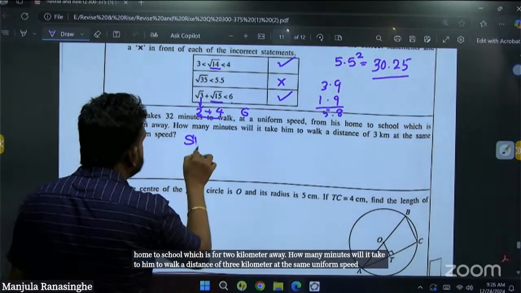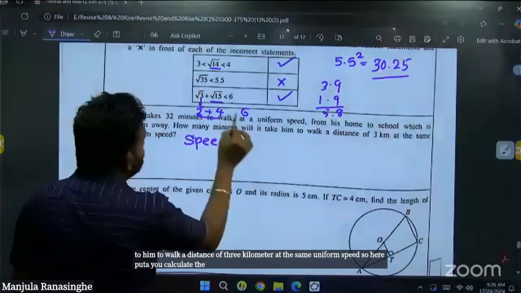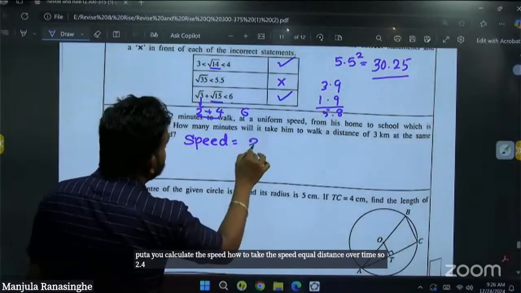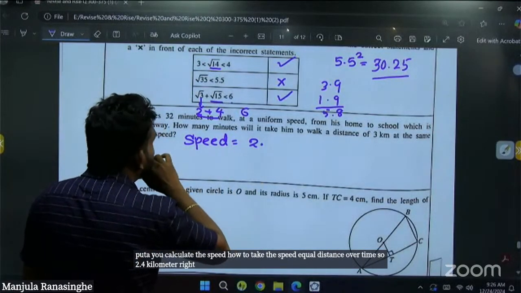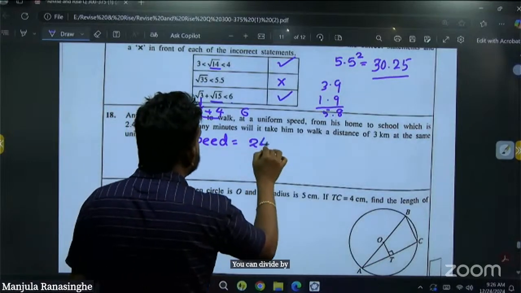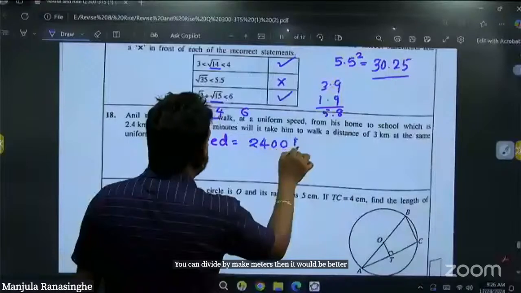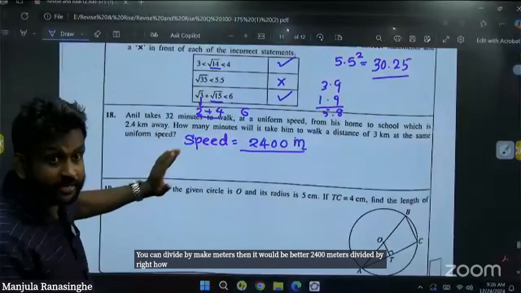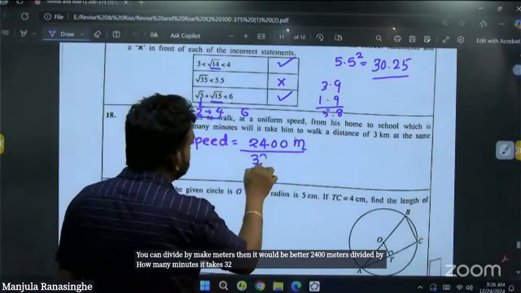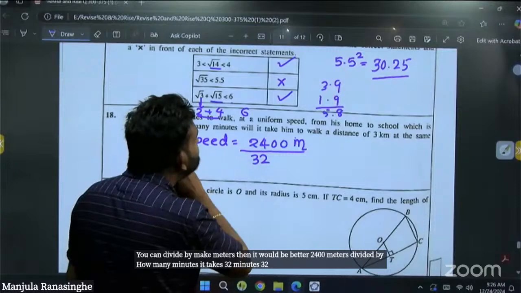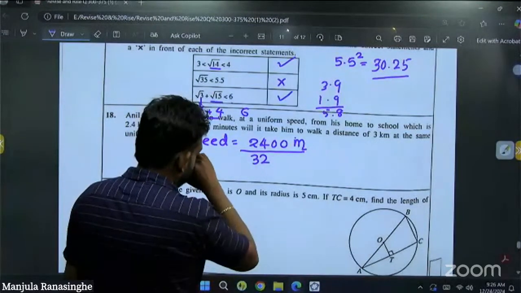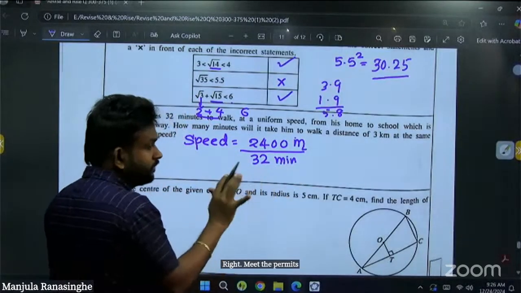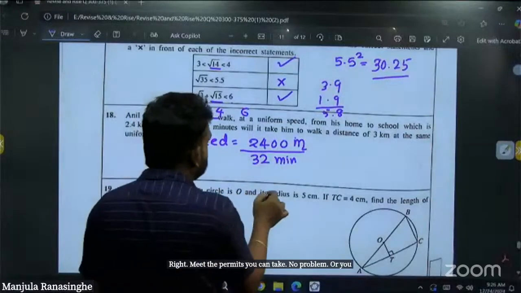So here, you calculate the speed: speed equals distance over time. 2.4 kilometers, you can convert to meters, then it would be better. 2,400 meters divided by 32 minutes. Meters per minute you can take, no problem. Or you can make seconds, like 32 into 60.